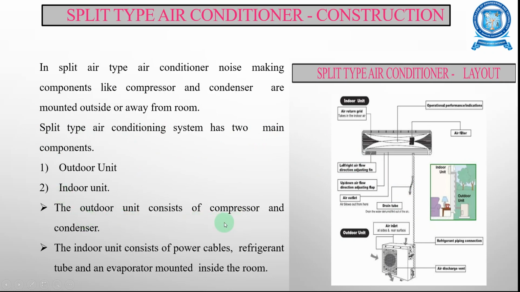The outdoor unit consists of a compressor and a condenser. The indoor unit consists of the power cables, the refrigerant tube, and the evaporator unit mounted inside the room. You can see here the indoor unit is mounted inside the room, and the outdoor unit is mounted outside the room.